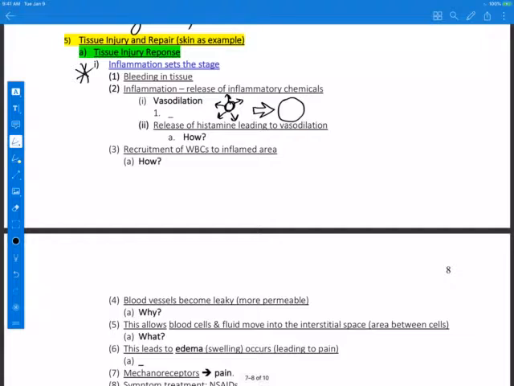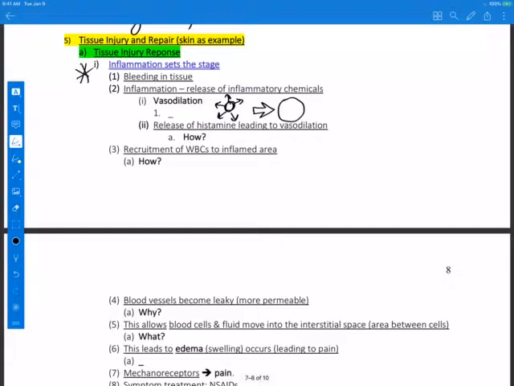The damaged cells release inflammatory chemicals that lead to vasodilation, and that is going to increase blood flow through those blood vessels. And that causes discoloration of the skin. And since blood is actually 3 degrees warmer than the rest of your body, it increases the heat in the area. So your inflamed area feels hot because there's more blood flow to the area.